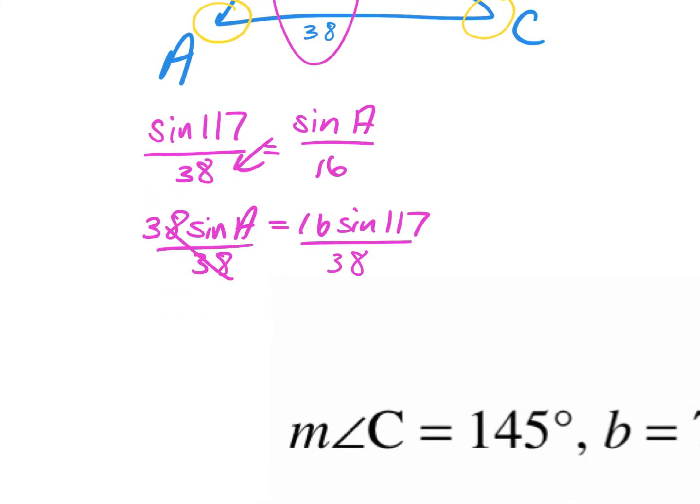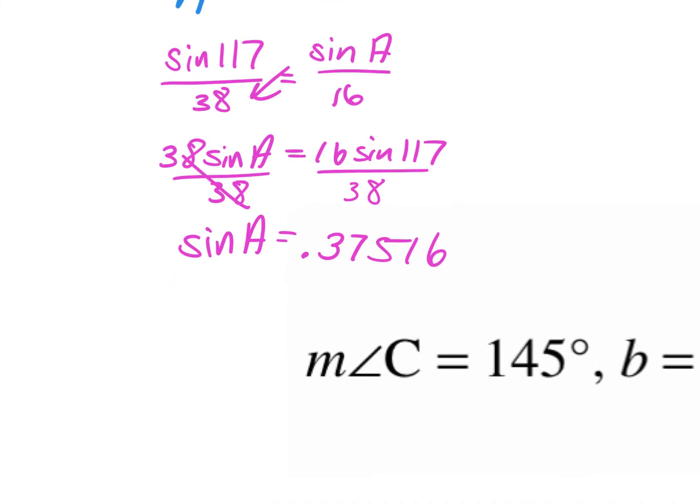Now I want to show you something in your calculator. You get the sine of A equals, in your calculators, guys, do 16 times the sine of 117 divided by 38. And what do you guys get? 0.37516. Yes? All right, now don't do anything.